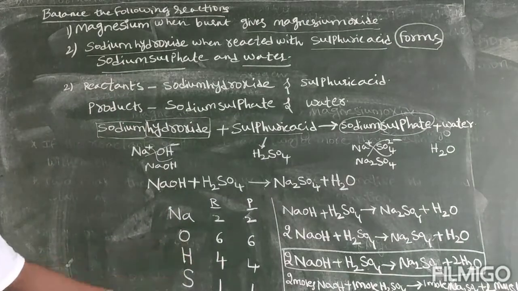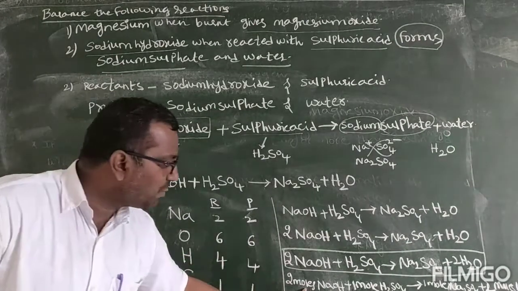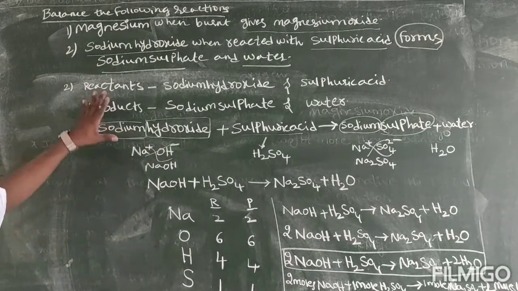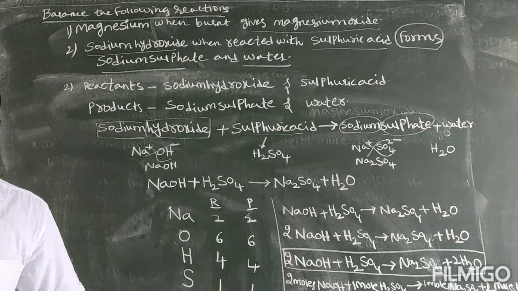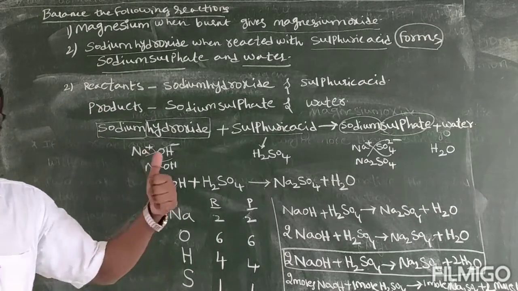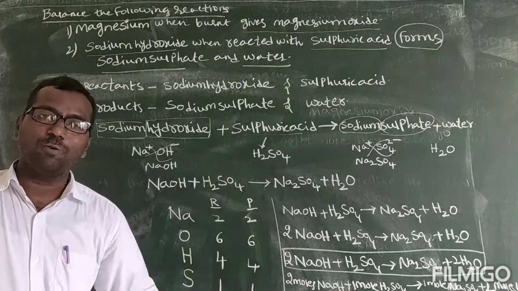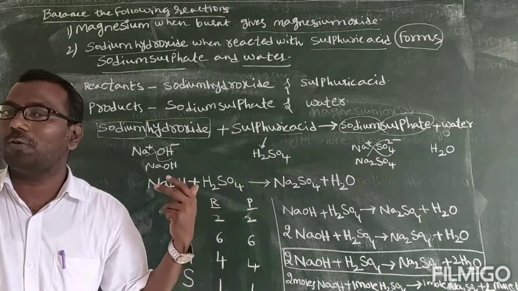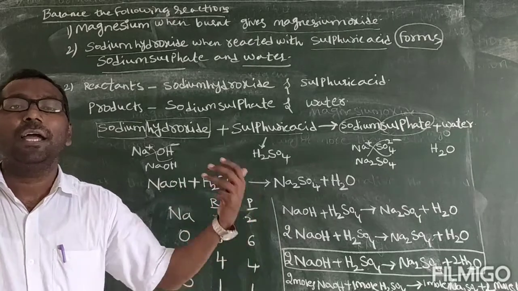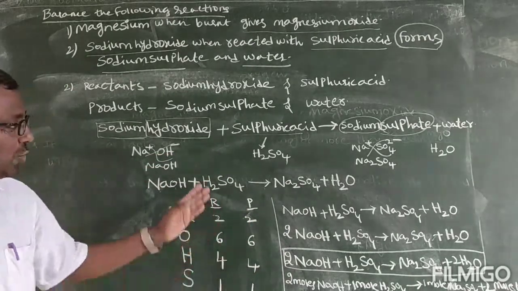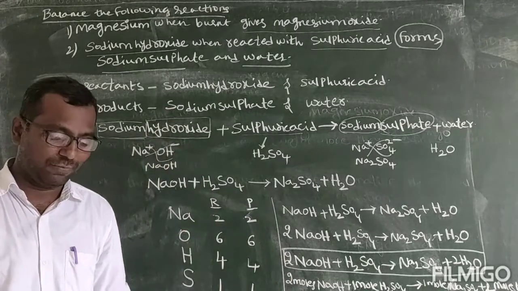In the next class we will see what is moles. So this is about today's class. In today's class we have learned what is a word equation, what is a chemical equation, how to write a word equation, how to write a chemical equation, how to write a balanced equation, and how to balance the chemical equation.